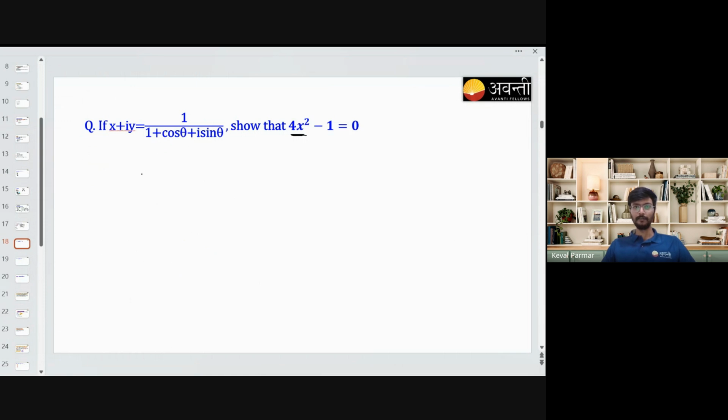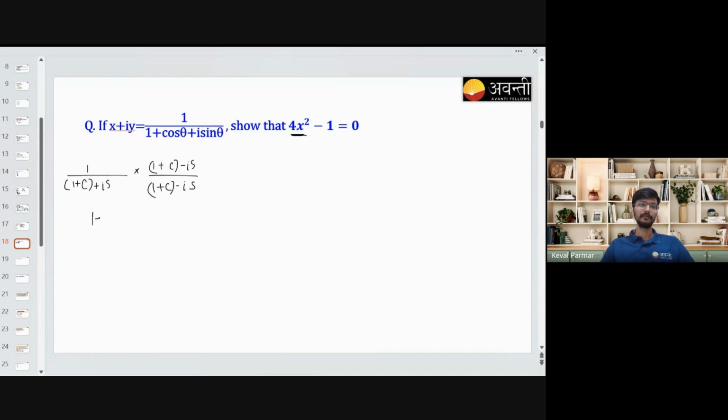The first denominator, let us simplify it. 1 plus cos, 1 plus cos plus I sine. Multiply and divide by the conjugate. So 1 plus cos minus I sine upon 1 plus cos minus I sine.